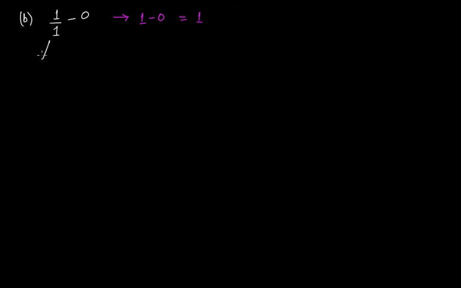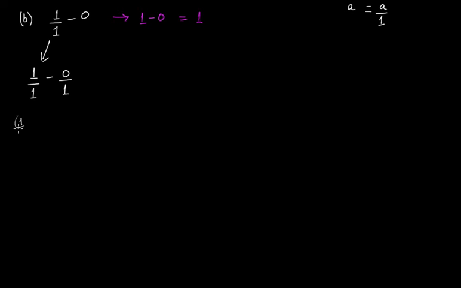Another way would be to write it as 1 by 1 minus 0 by 1. How? Remember, any arbitrary number A can be written as A divided by 1. If you divide any number by 1, you'll get back that number only. Okay, so 0 by 1.